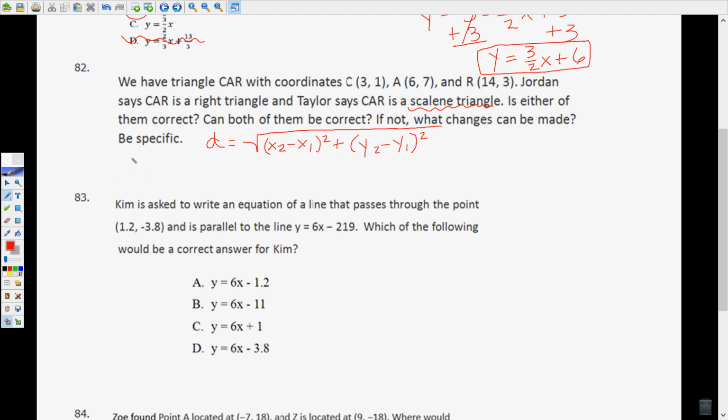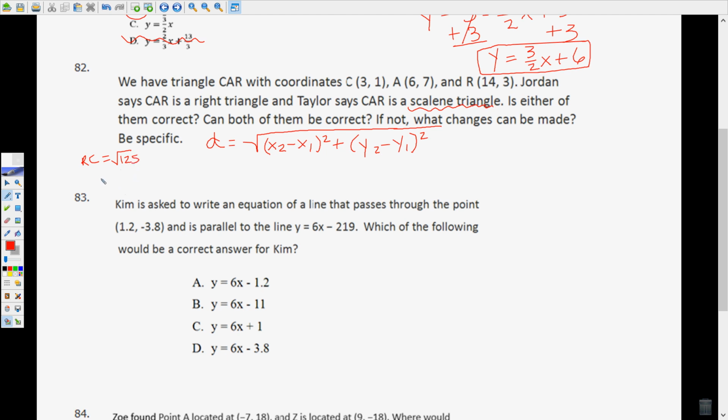And just let me write the lengths of each side here. I have that the length of RC is the square root of 125.